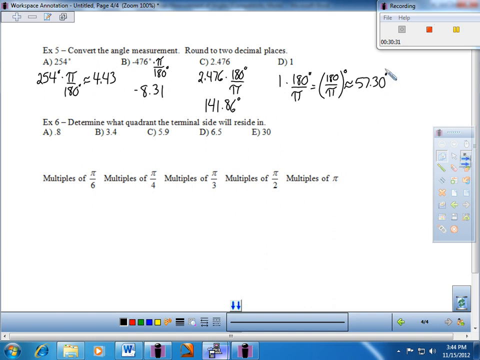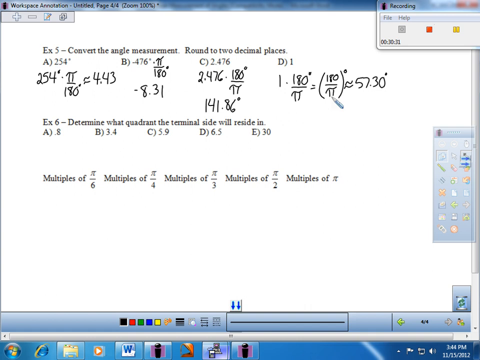If you did your construction perfectly, remember that the 1 radian was where the radius and the arc length were the same, and that happens in one particular position, no matter what the size of the circle is. It should be 57.3 degrees, give or take. Exactly 180 over pi degrees. So if you get an opportunity, do that. If not, no big deal.